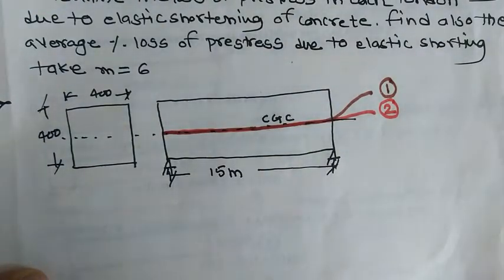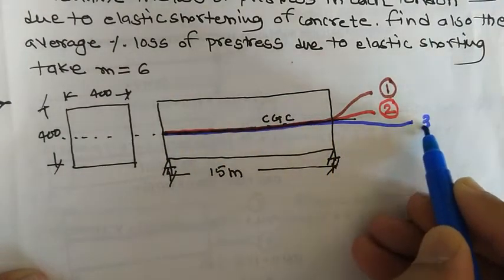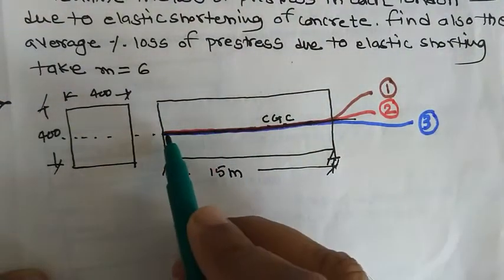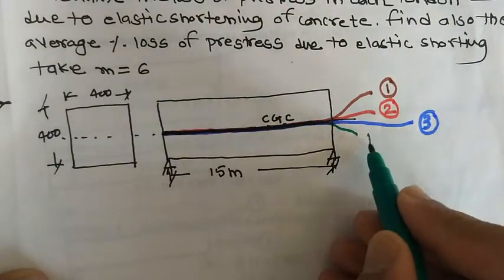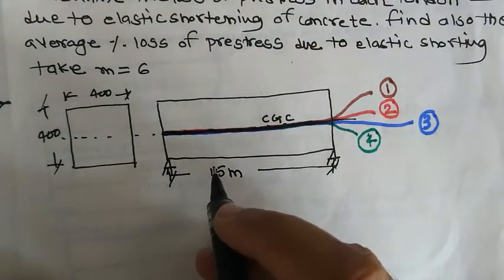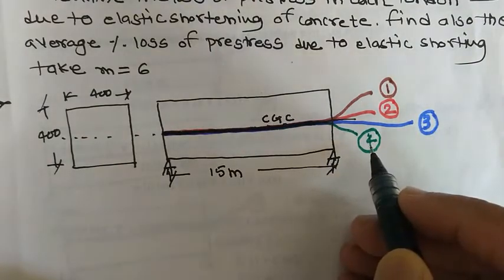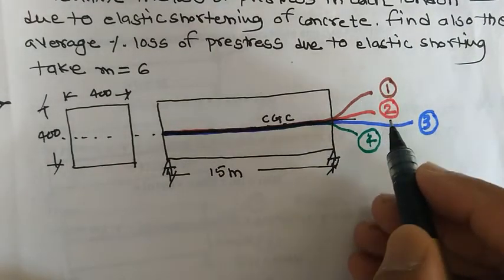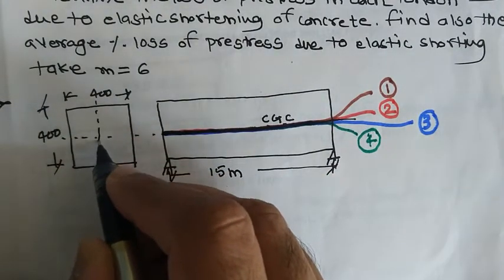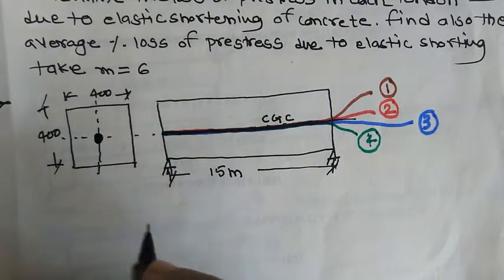The third tendon, and the fourth tendon is like this. So you have to find out the loss due to elastic deformation in each tendon. One tendon is stretched one after another. The eccentricity of this tendon is 0, exactly at the center of the beam.